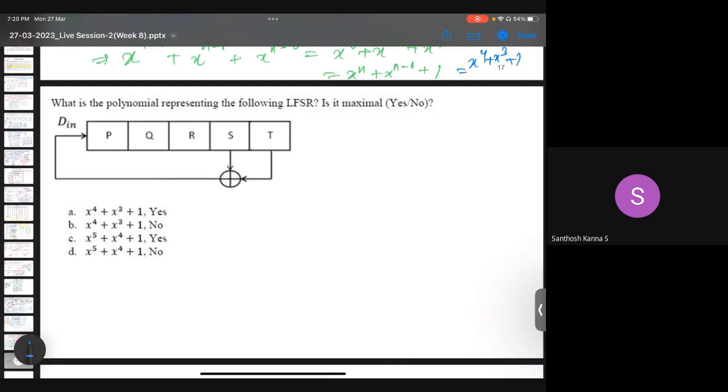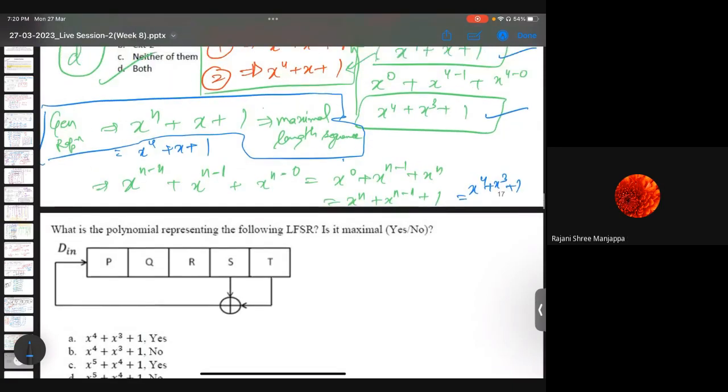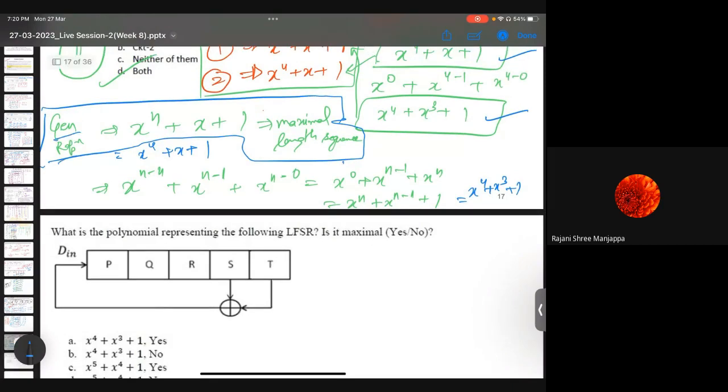Any answer? Answer C. Okay, I'll just repeat what I told. You need to check that this is the general representation. You should not consider this as a secondary option. This is for only even cases. And the question here says it is odd, 5 bit.